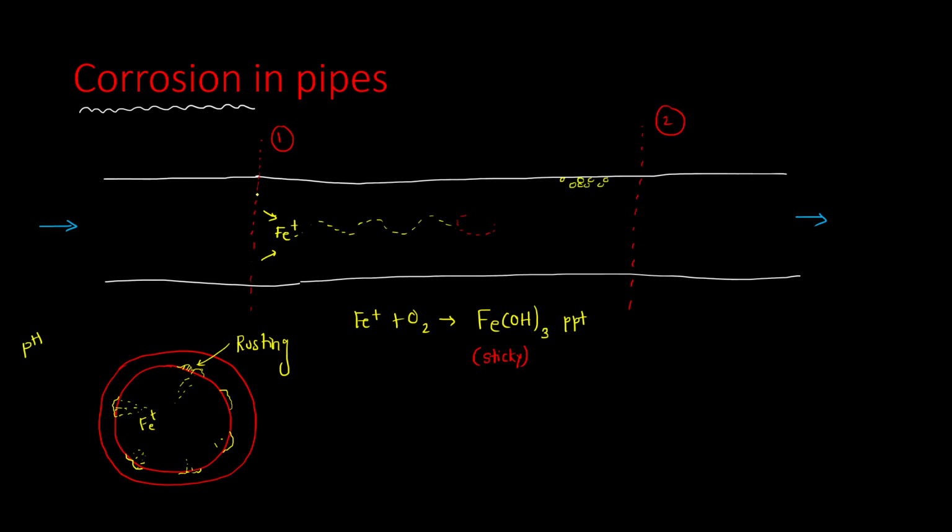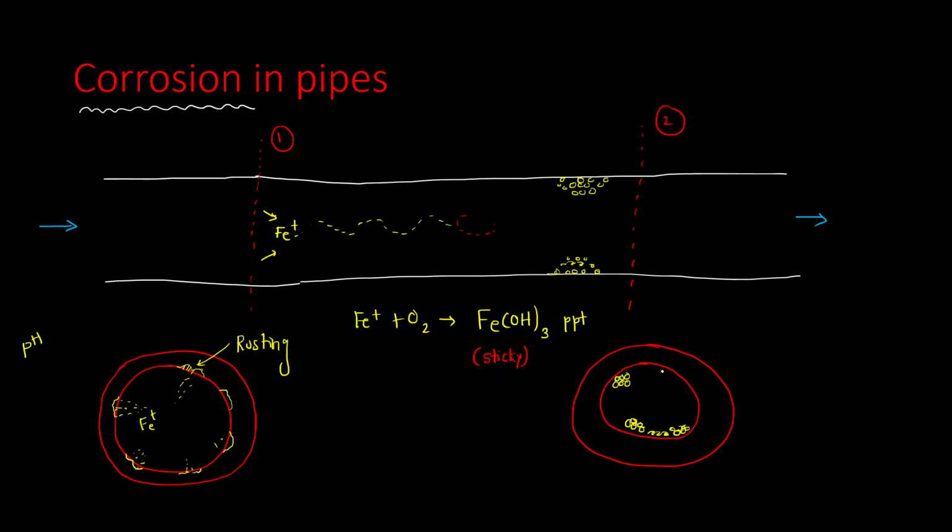Now what is happening? Once again, you see at section number 1, the pipe is getting deteriorated or disintegrated. Whereas in section 2 or around section 2, the FeOH3 precipitate is sticking to the surface. If we see the cross section at section number 2, then this is the original pipe, but this FeOH3 precipitate is now forming a layer on the surface.